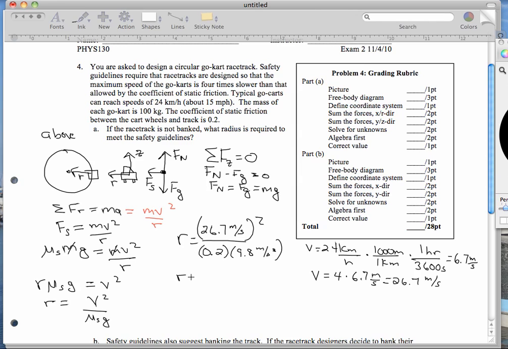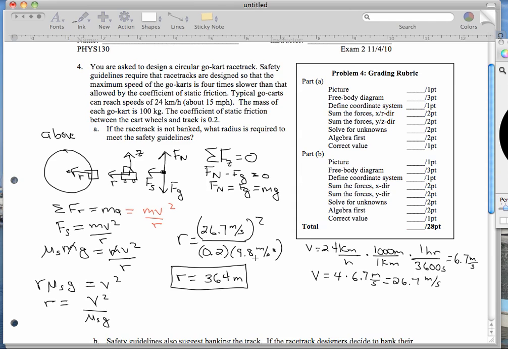Multiplying that out, r is equal to 364 meters. The seconds squared cancel out, leaving meters, and that's my answer for the radius.